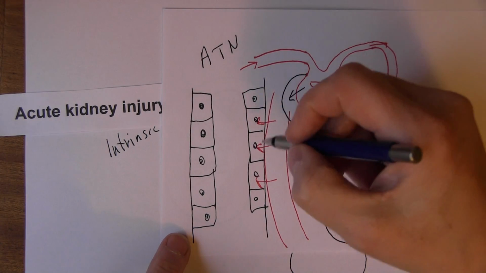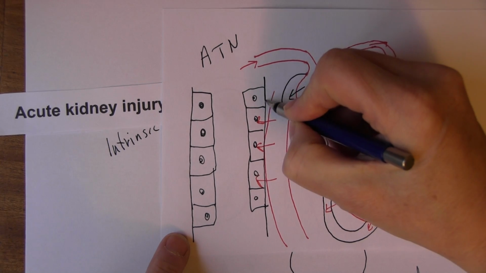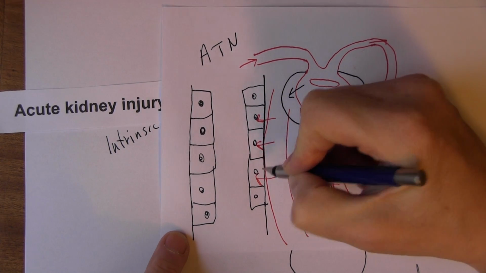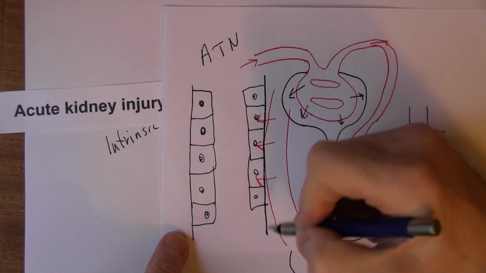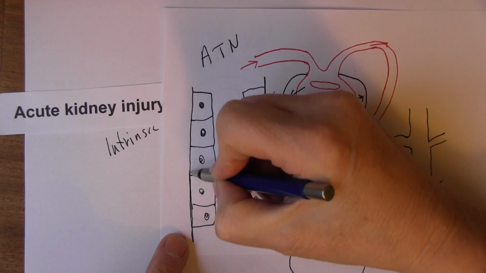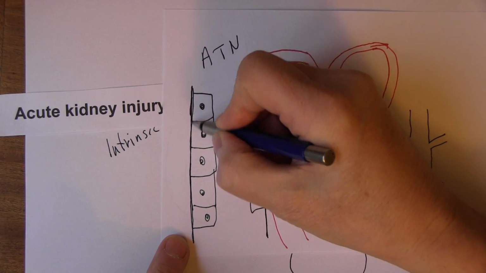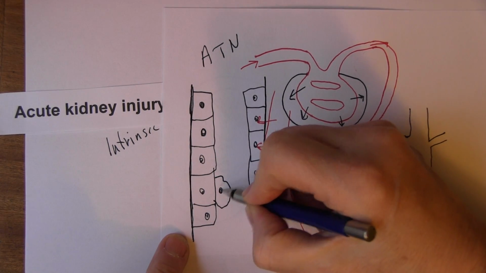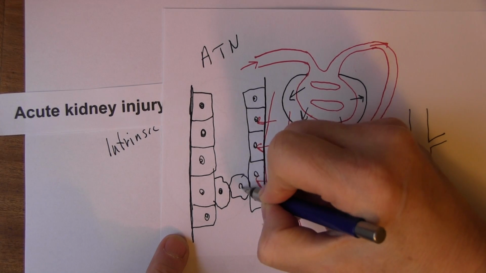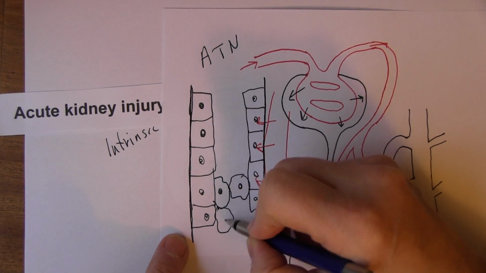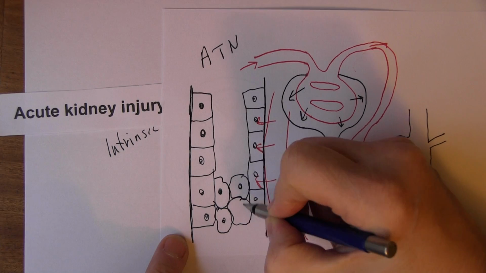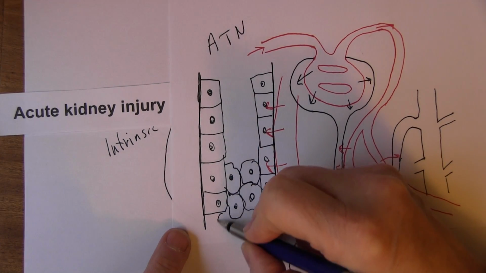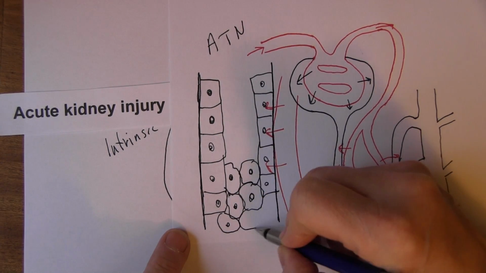And when these cells start to die, they will slough off their basement membrane. So that's the basement membrane there. They'll slough off that basement membrane, and they'll start blocking off the tubule itself. So what this means is that material cannot flow through the tubule.